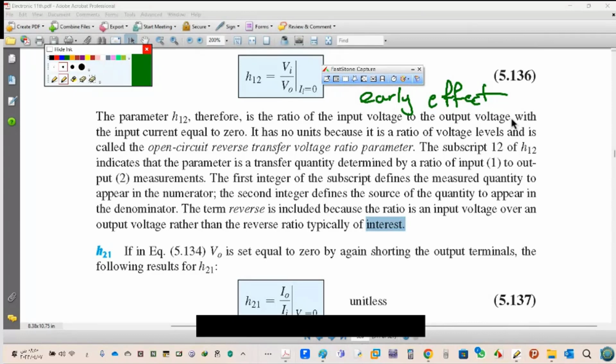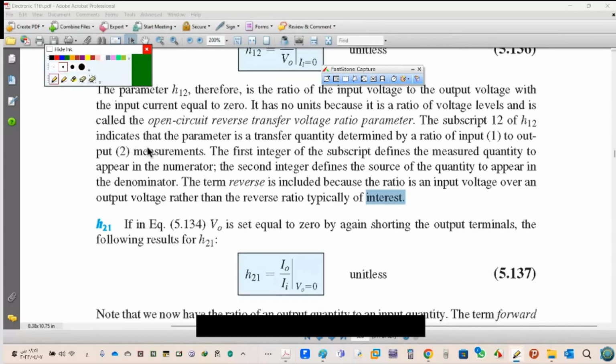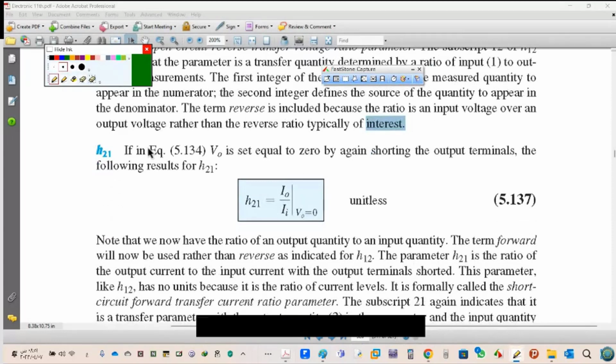Now, third parameter is H21. Here H21 is, see here, current over current, IO over II. How can II affect IO? IO based on II. Or if I explain H21, how can 1 affect 2? You can express it as you want. So how does the input affect the output?